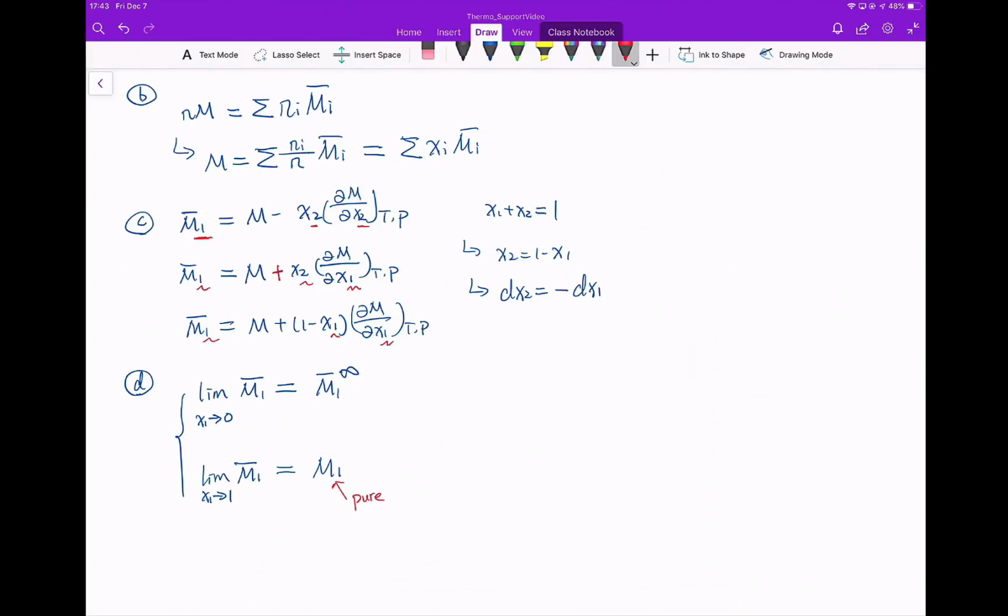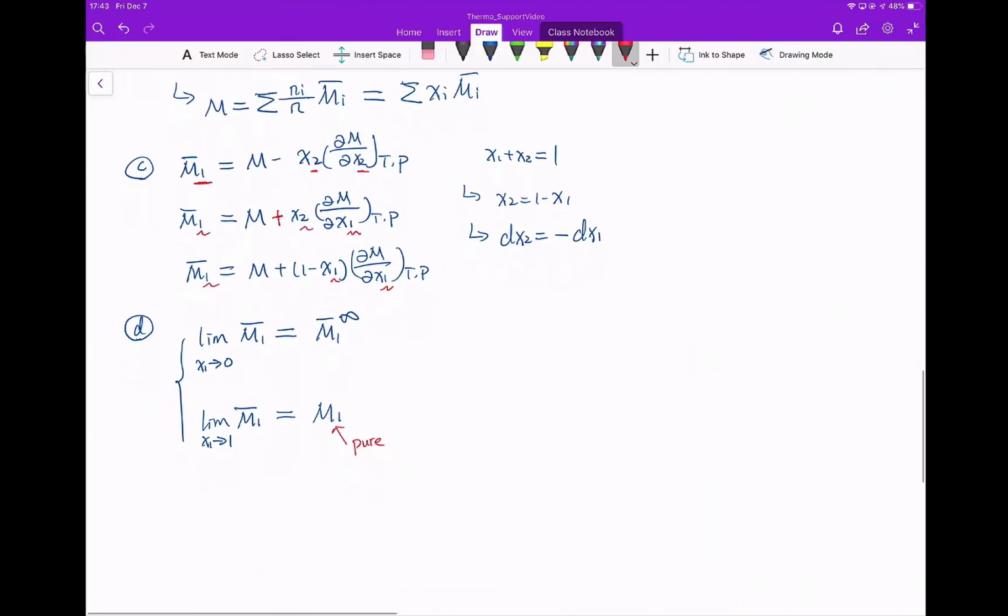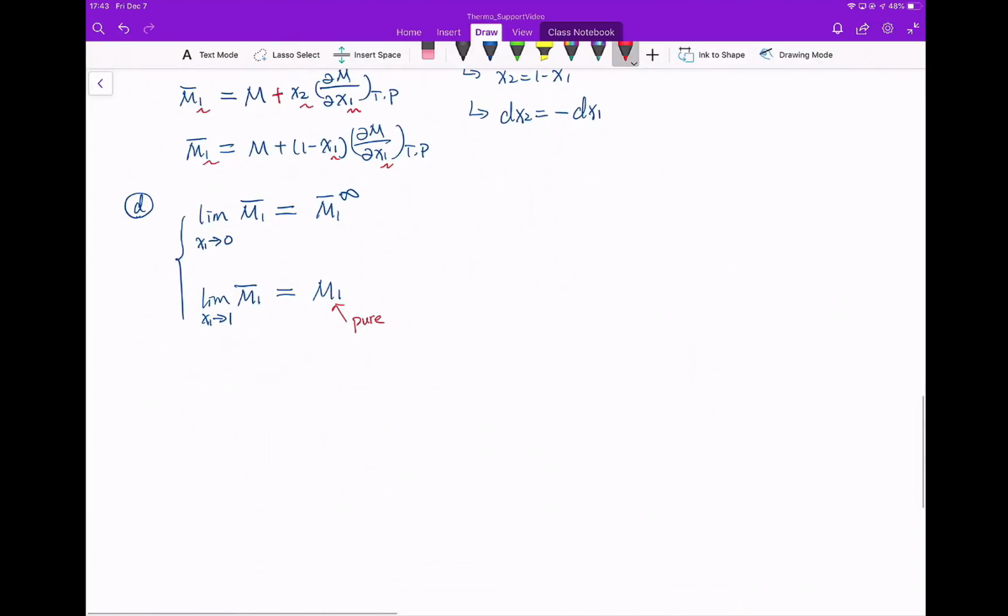Alright. The other useful equation would be the pair of log activity coefficient with excess Gibbs energy over RT.